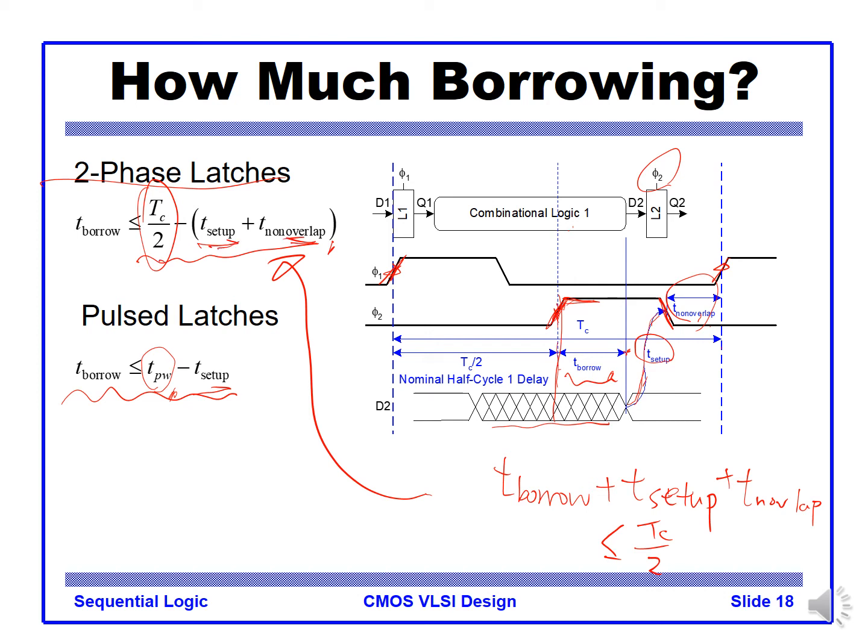So almost half cycle, we can borrow the time. Because in the two-phase latch, most of the time the transparent mode is very long, but in the pulse latch the transparent time is very short, right? So we get very short time borrowing there.